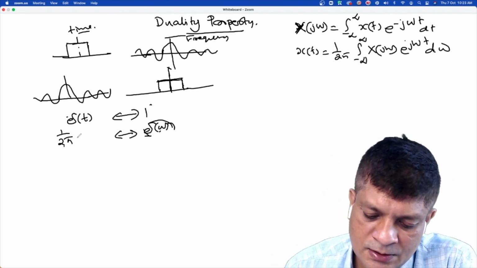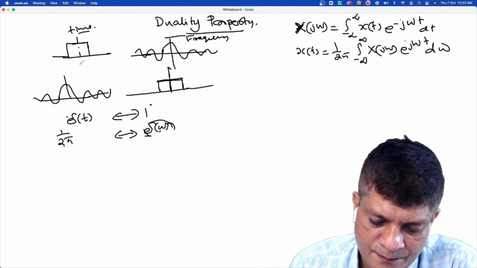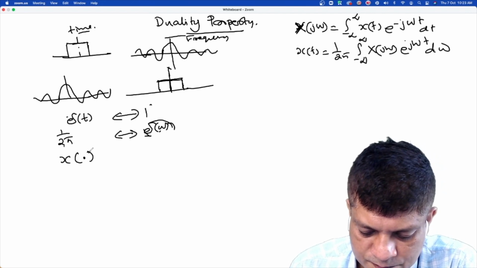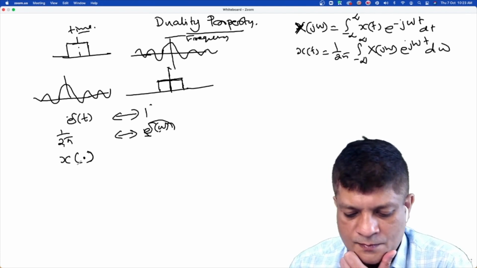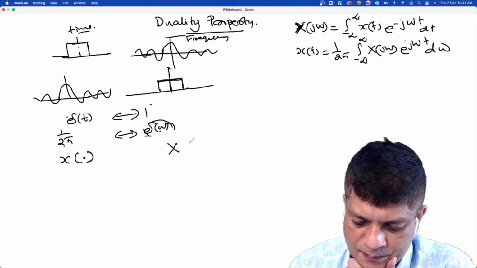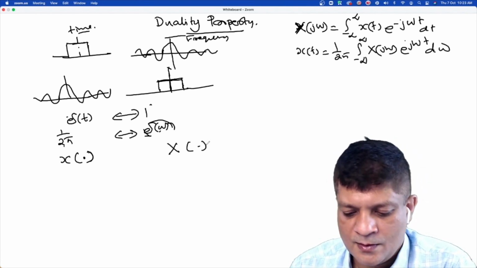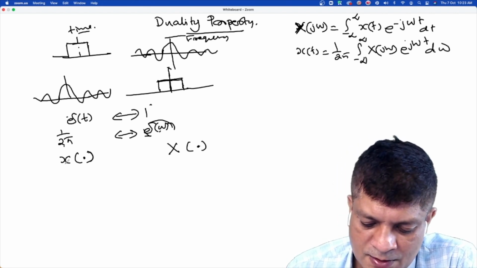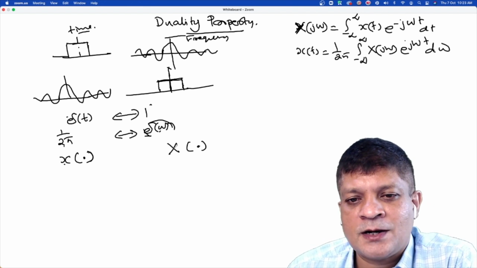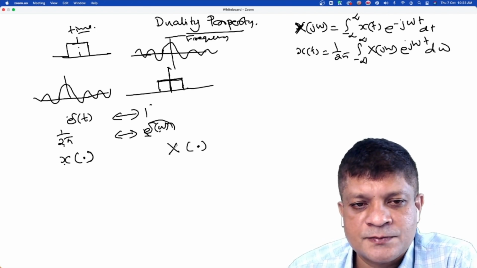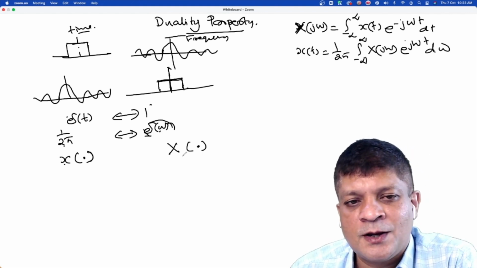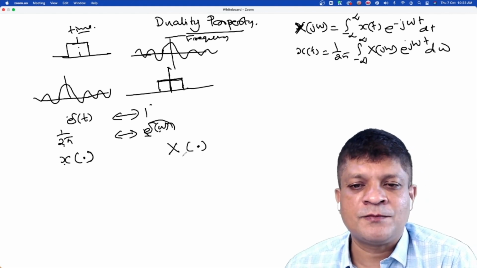So for understanding this duality property, the first thing you have to understand is that small x and capital X are two functions. It is not that this capital X is something associated with the frequency domain.